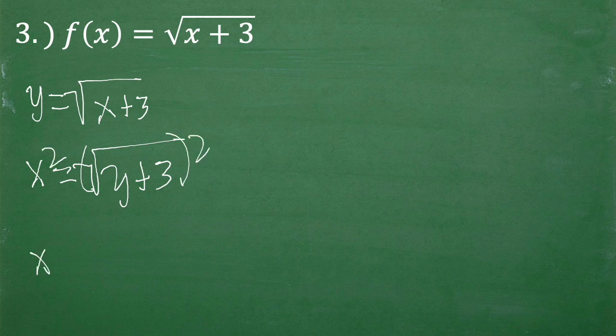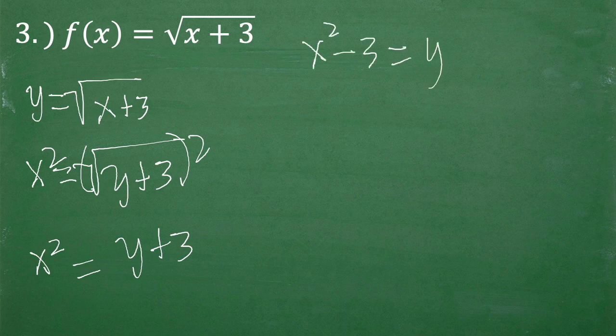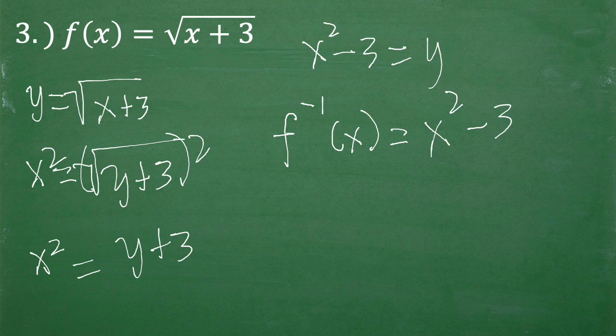We have x squared equals y plus 3. Then move 3 to the other side, so we have x squared minus 3 equals y. Since we now have a new y, we can put it back into our inverse function: f inverse of x equals x squared minus 3.